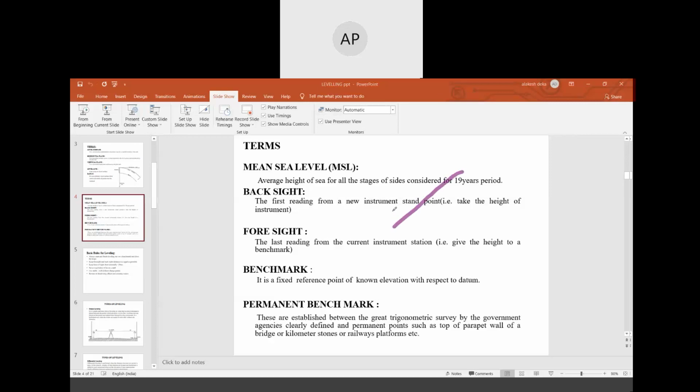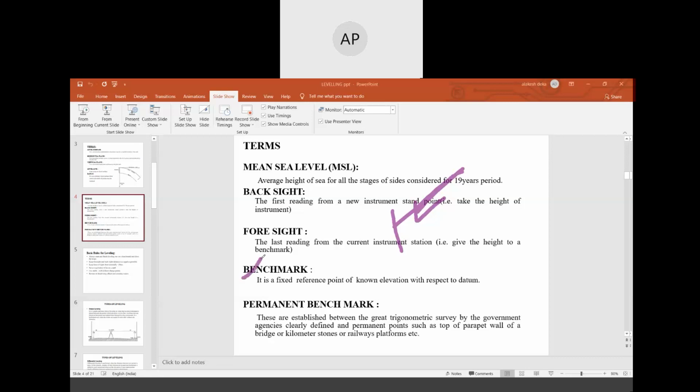This is your forward direction, so this is your foresight, and that will be your backsight. The last reading from the current instrument station is your foresight.